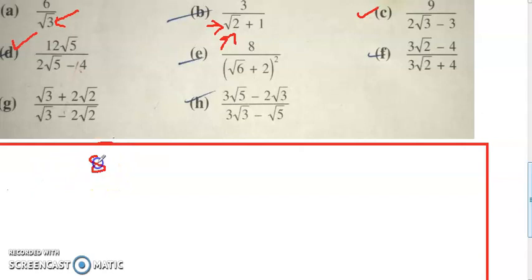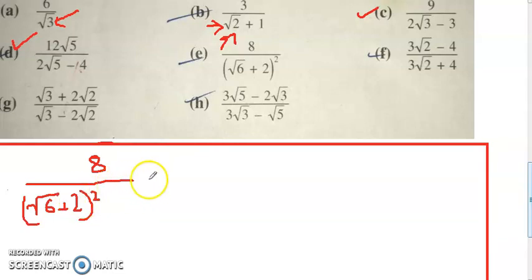So the question is 8 upon under root 6 plus 2, whole square. Now, I've already mentioned the identities. If you do not remember them, just rewind the video and see them once again, right? So, you expand by identities. I'll expand this value.